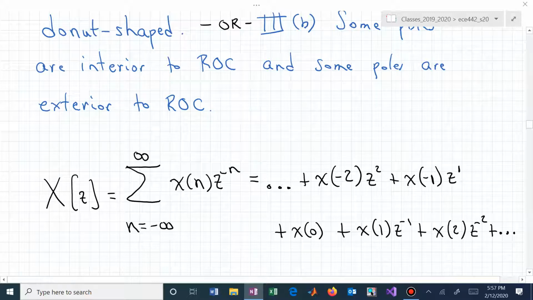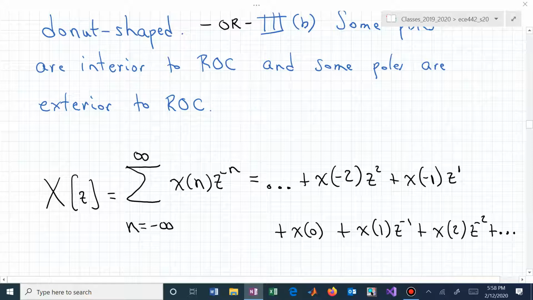So now can it be possible that x of 2, because now this sum is going off to infinity. I have x3 z to the minus 3, x4 z to the minus 4, and I also have x minus 3, z to the 3, etc. The remark was, is it possible that x of minus 2 and x of 2 are 0? They could be, but do they have to be? They're not forced to be, are they?